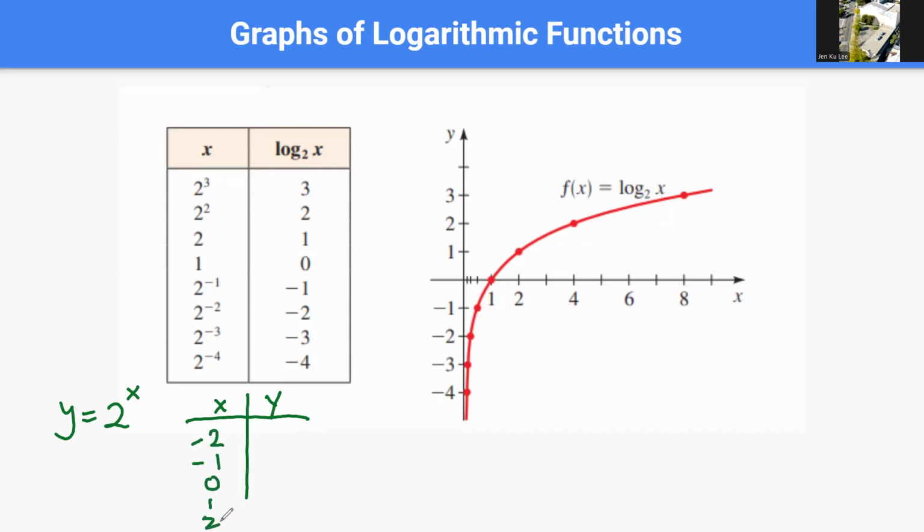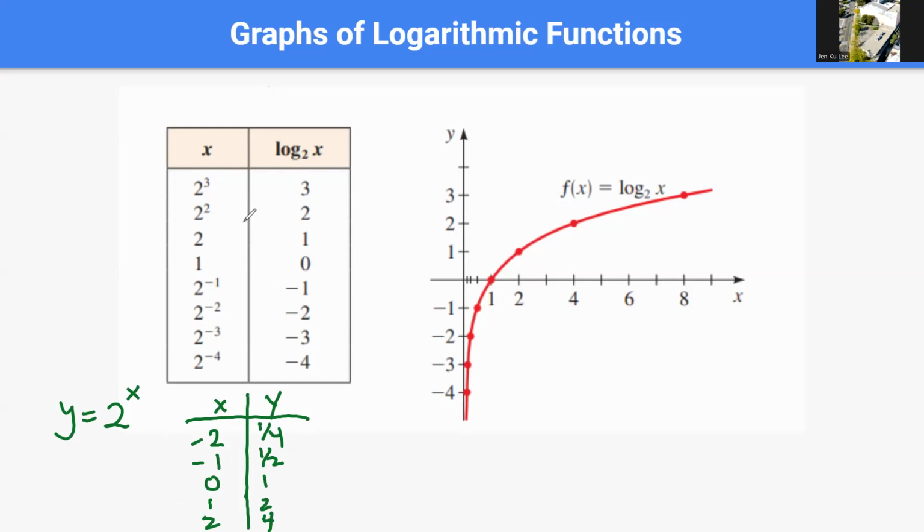And we did this in our previous lesson, right? Where 2 to the -2 power is 1 over 4. 2 to the -1 power is 1/2. 2 to the 0 power is 1. 2 to the first power is 2. 2 to the second power is 4, right?